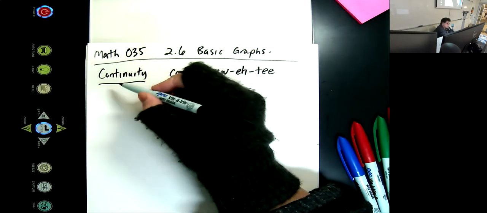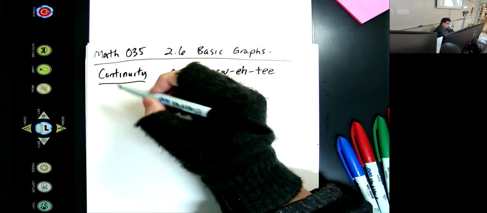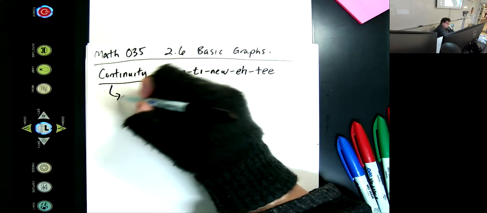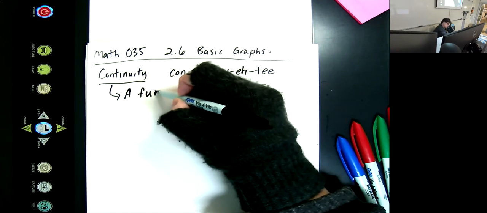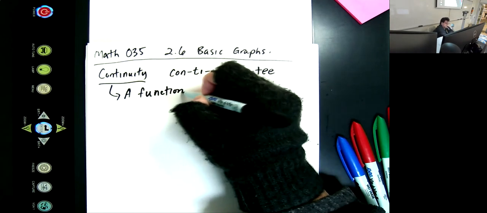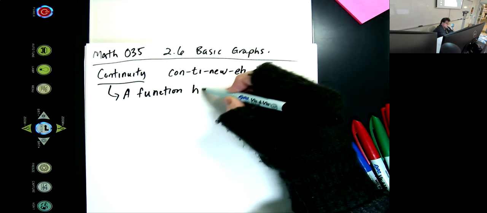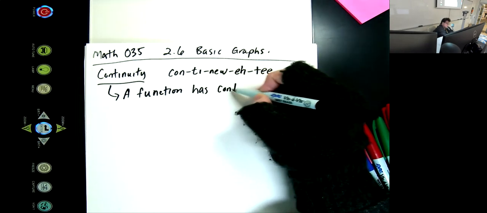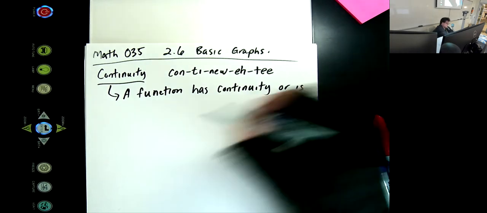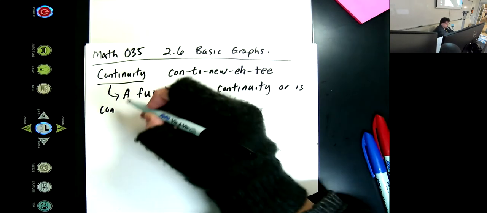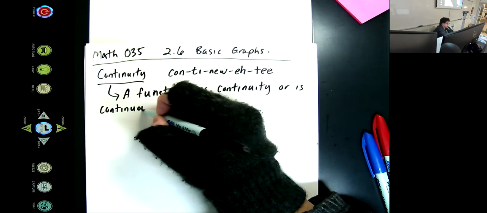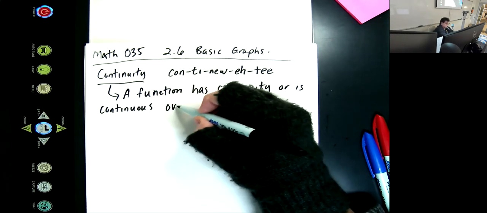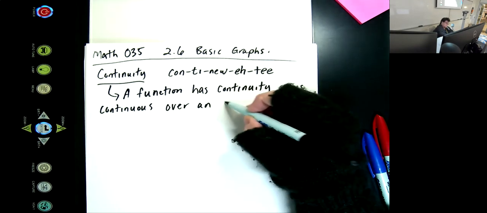When we say a function has continuity, or is continuous, or is continuous on a domain, maybe let's just say over an interval on the domain.